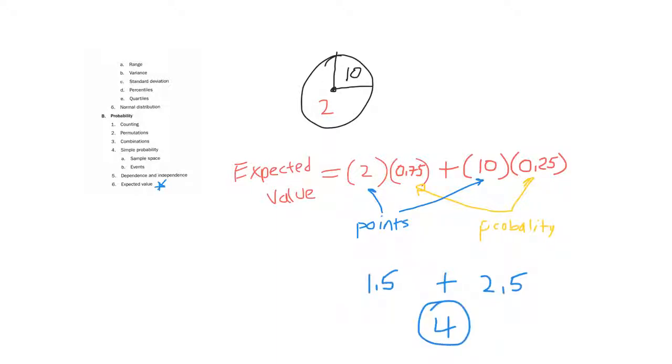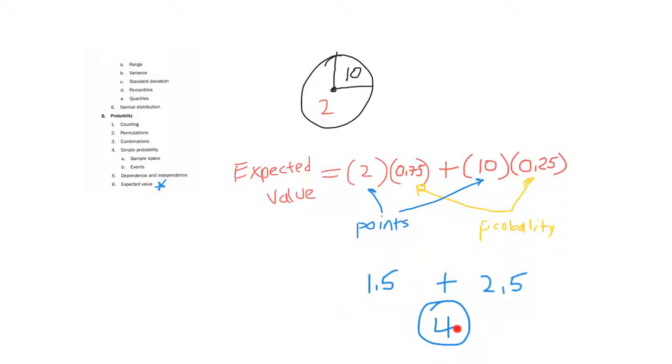So what this means is, even though it's impossible to score 4 on a single spin, let's say you spin the wheel an infinite amount of times, right? The average amount of points per spin that you will get after spinning this an infinite amount of times is 4 points per spin.